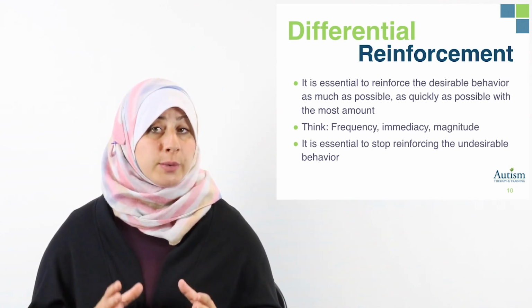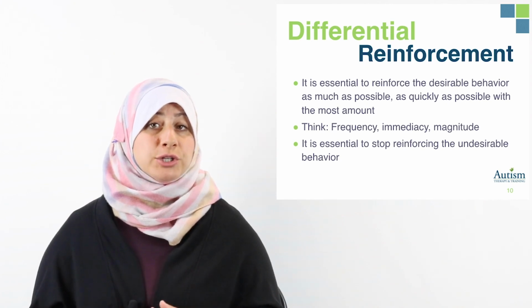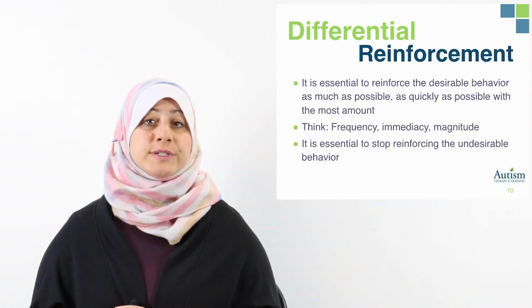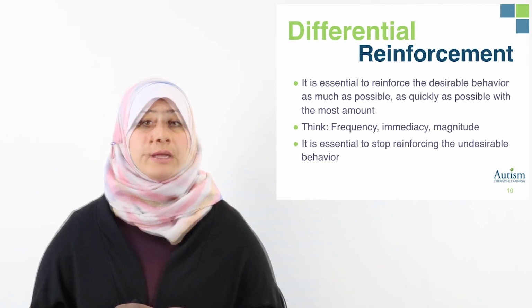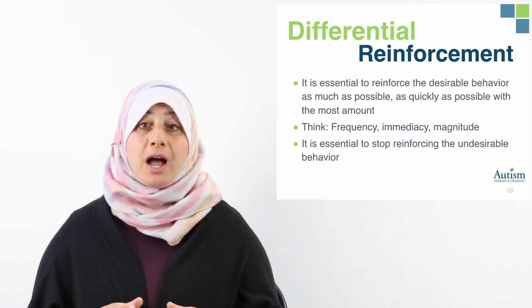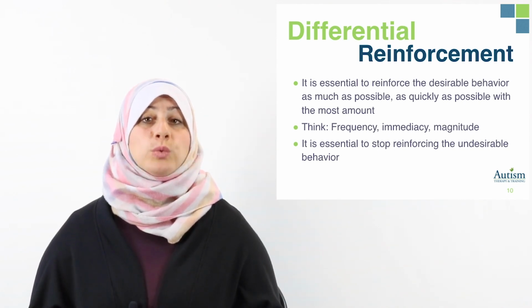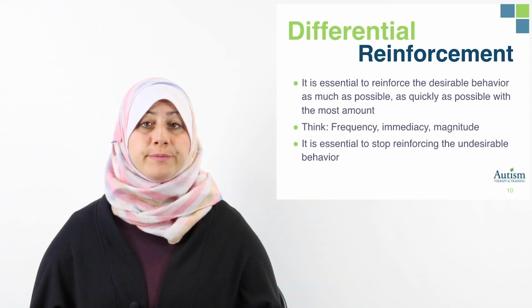Think of frequency, immediacy, magnitude when you're reinforcing, and it's essential to stop reinforcing the undesirable behavior. If the correct behavior does not get into contact with reinforcement, then that behavior will not shape up or improve.